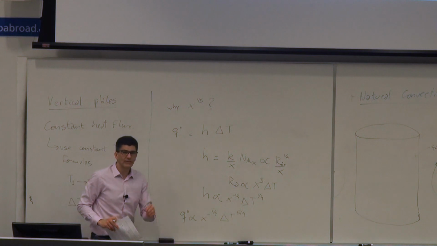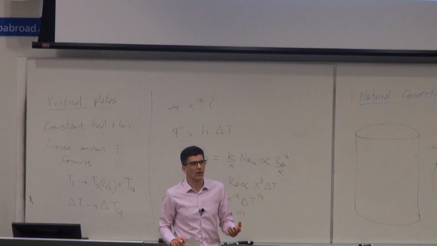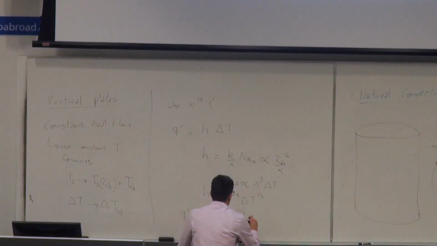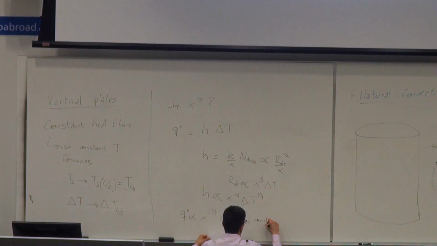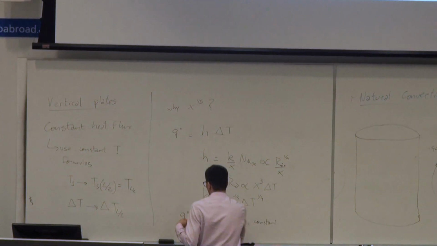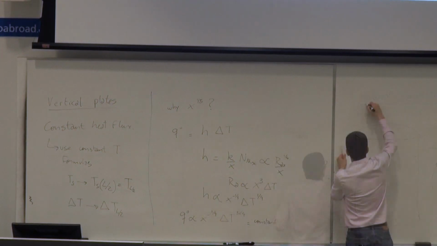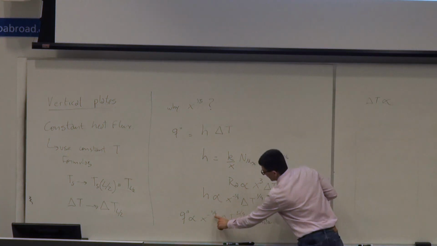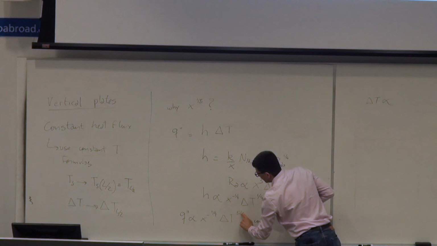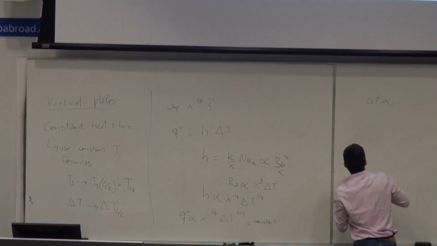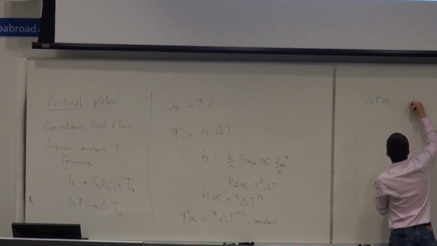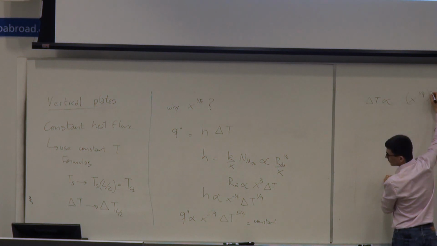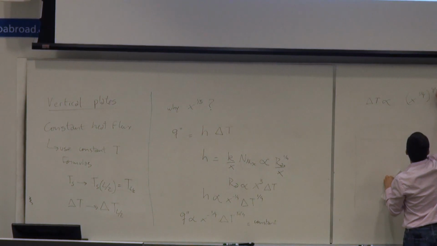Now, we said that our boundary condition is constant heat flux, so this is constant. And if that is constant, delta T will be proportional, I can send this there and solve the exponents, to x to the 1/4 raised to the 4/5.